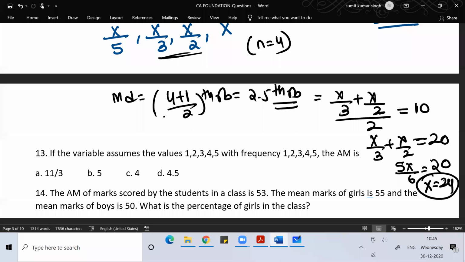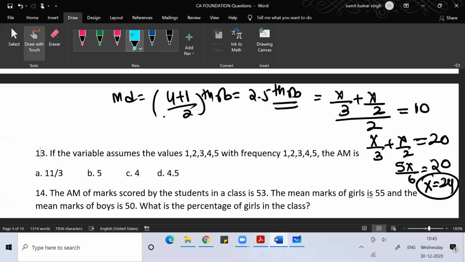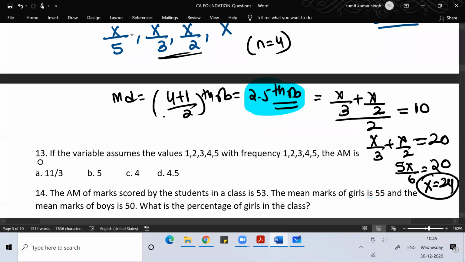Clear everyone? Your median is the 2.5th observation, which means second observation plus third observation divided by 2. Solve this, you'll get the answer.